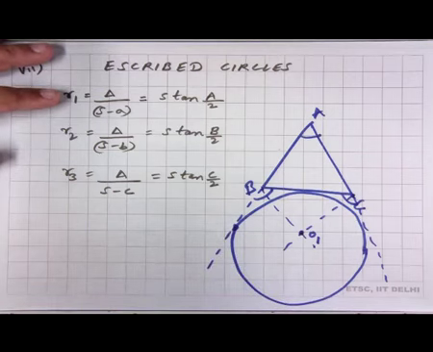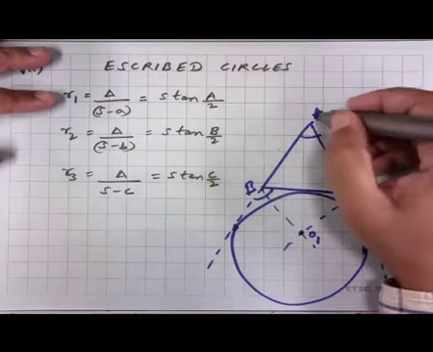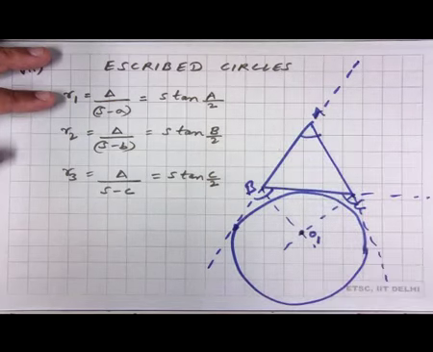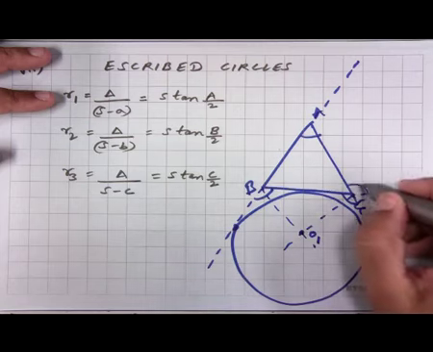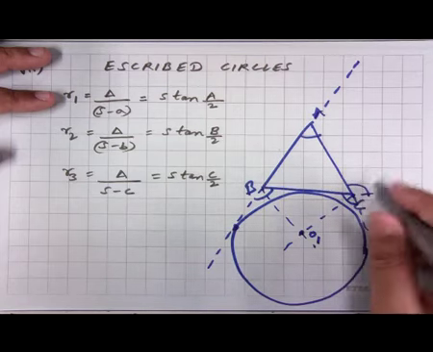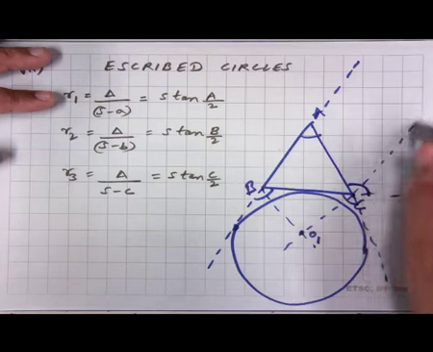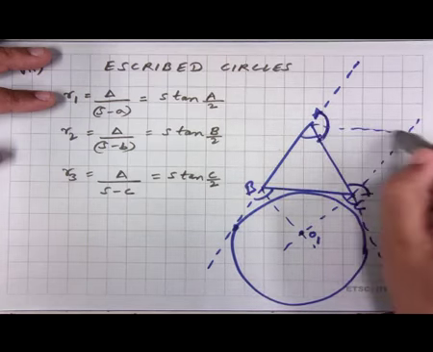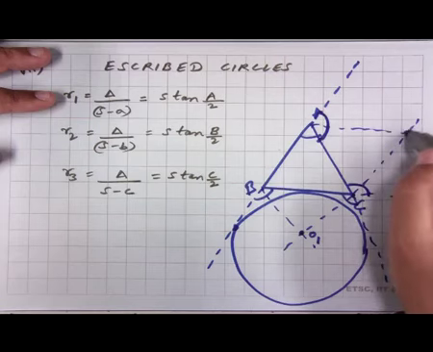Then the escribed circle opposite to angle B is obtained by producing BA and BC and then taking the angle bisectors of the exterior angles at this point.